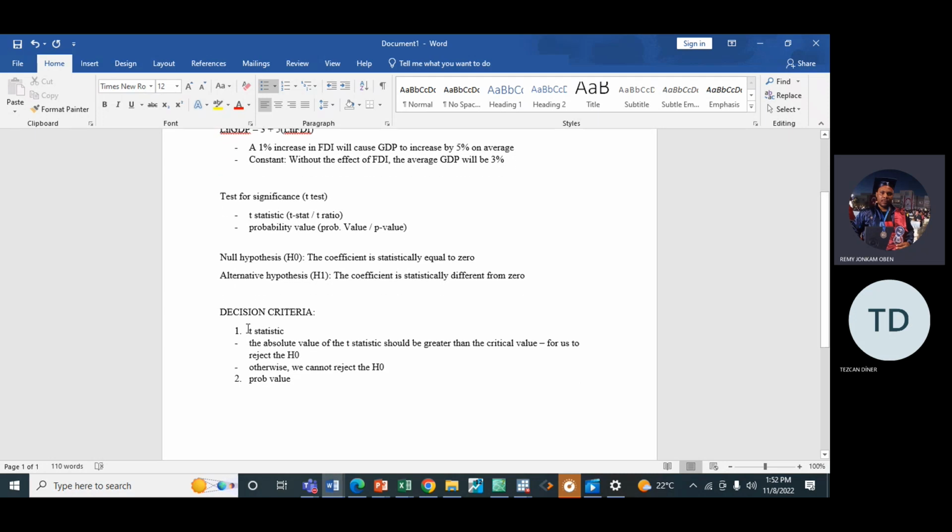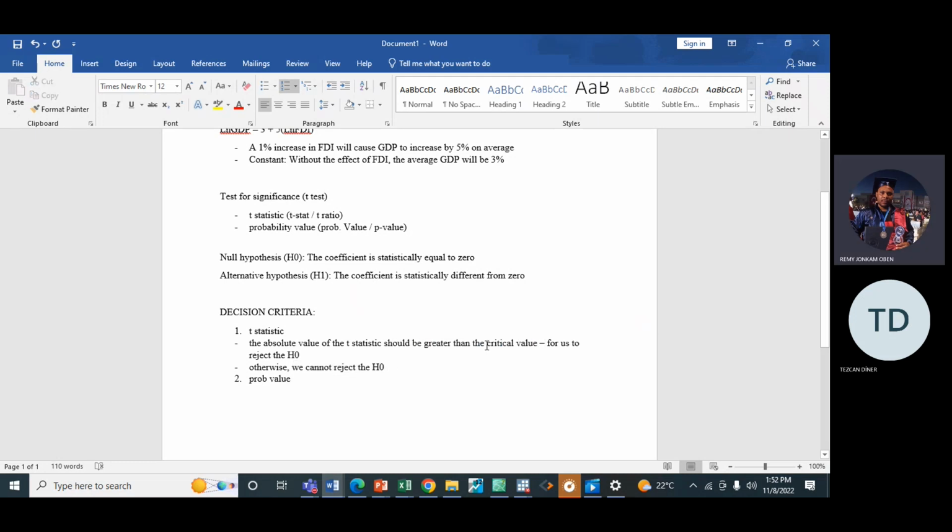So in order for us to reject the null hypothesis, the absolute value of the t-statistic should be greater than the critical value. If the absolute value is less than the critical value, then we cannot reject the null.